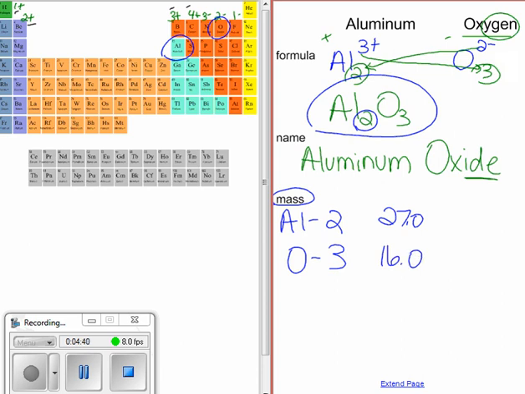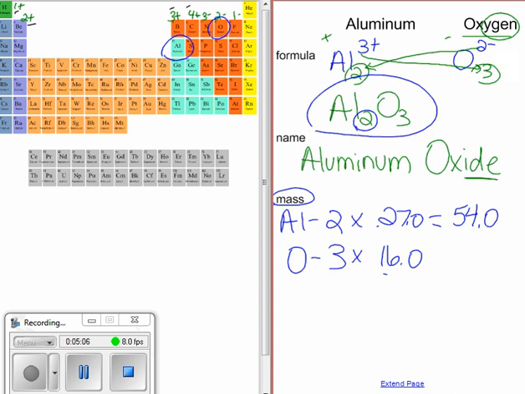Now, it's not enough just to add these 2 numbers up. I have to take into account how many of each of the different ions that I have. So I'm going to multiply them. That's why I wrote it down. So if you want to get your calculator out, you can use your calculator. 27 times 2 is 54.0.